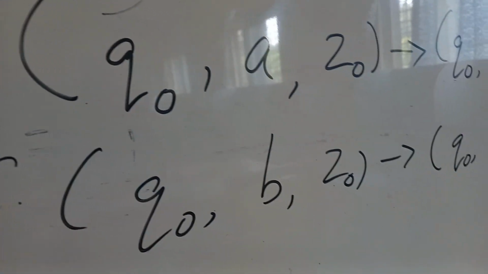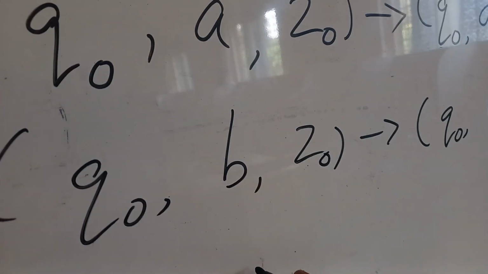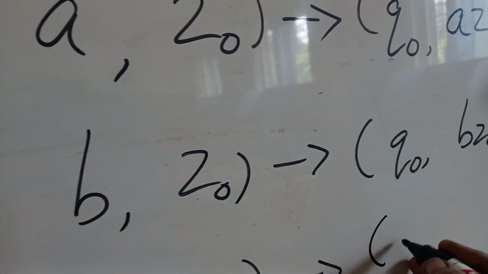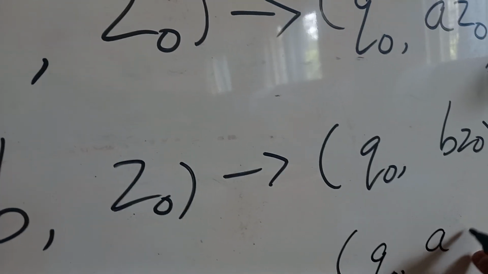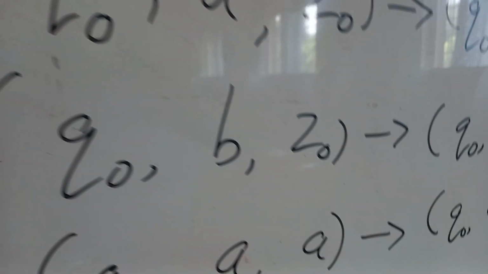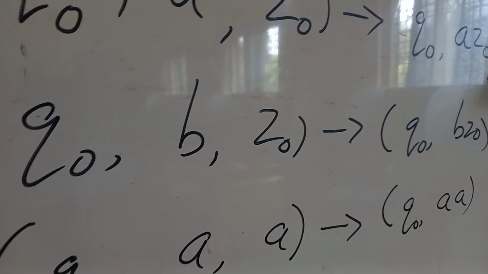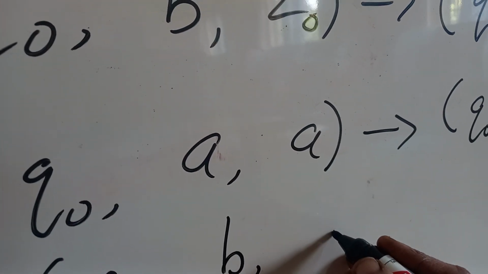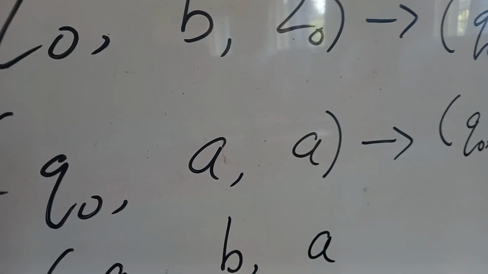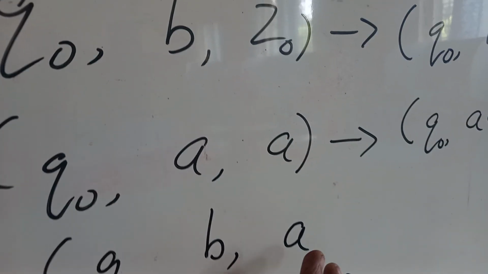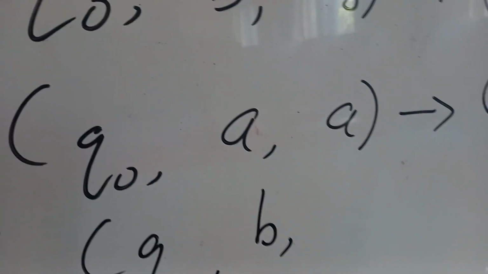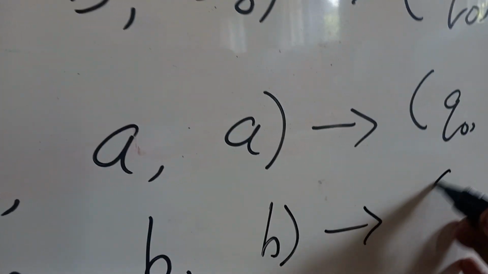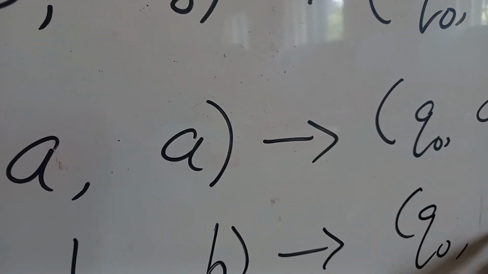Next, if the input symbol is a and the top of the stack is a, we push onto the top of the stack. Similarly, if the input symbol is b and the top of the stack is also b, we need to push that symbol onto the top of the stack.